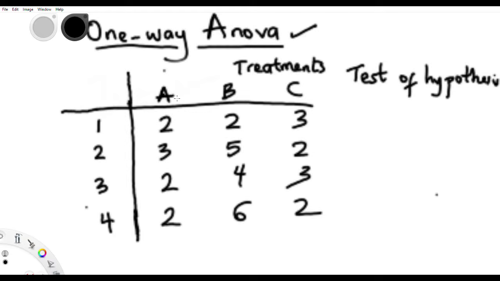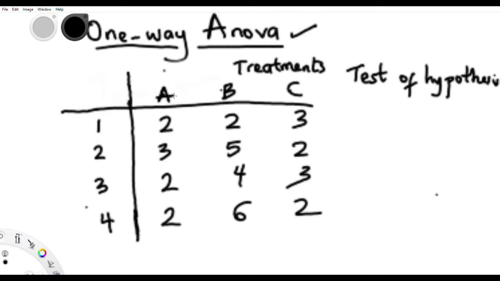Trying to understand if there is a difference between the treatments is when you are talking of analysis of variance. Trying to see if there is any difference in the level of treatments that each of these groups of plants were subjected to, that's when you're talking of carrying out analysis of variance.